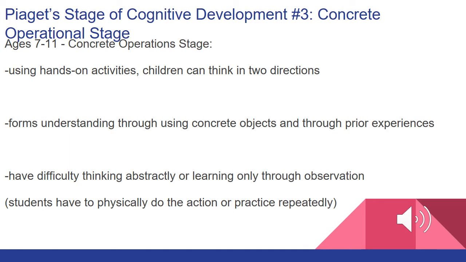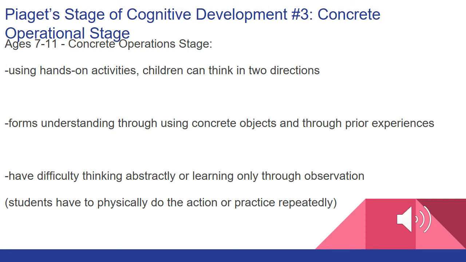So let's say you have an 8-year-old in 2nd grade. They can now understand the connection between addition and subtraction, but they need manipulatives. They need counters, or they need objects to help them demonstrate visually and through personal experience how addition is the inverse of subtraction and vice versa.